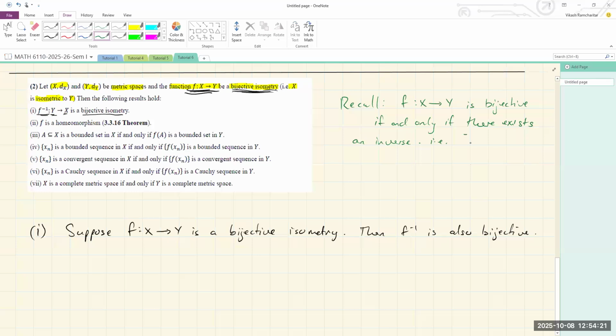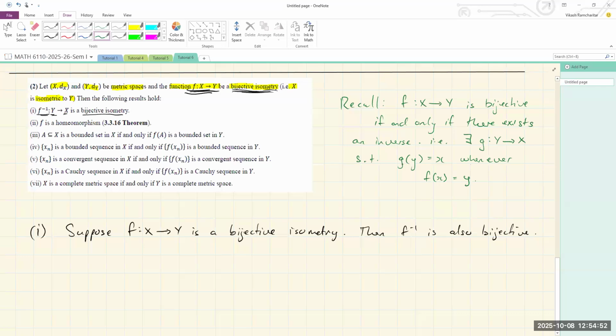That is, if there exists another function, let's call it g, from y to x, such that g of y equals x whenever f of x equals y. In other words, g undoes what f does. So f takes x to y.